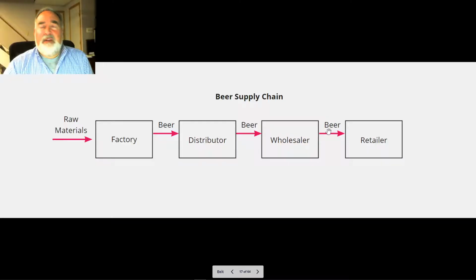The retailer accepts beer from the wholesaler, and now the retailer has beer inside of its process. So of course, as we've talked about, the reason why this beer supply chain was made with 4 individual components is that we've been talking about resistors, V equals IR this semester, integrating things together.